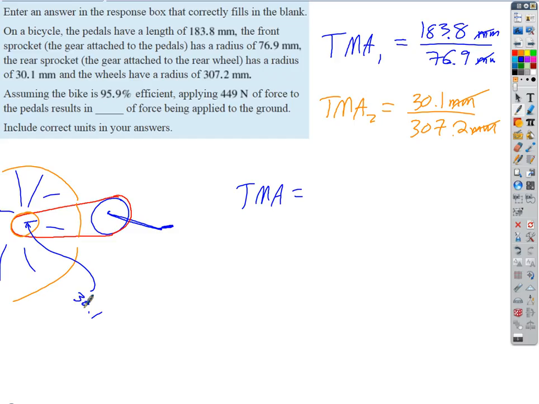I'm sorry, could you? Sure. Okay, here's the pedal. This blue gear right there is the front sprocket. This guy right here is the rear sprocket, that guy right there.